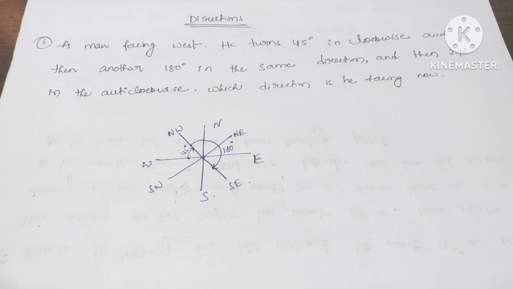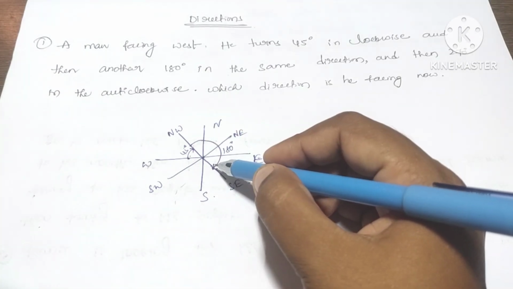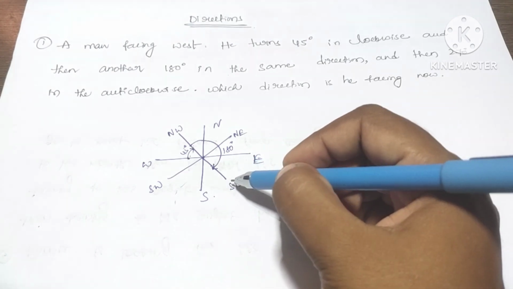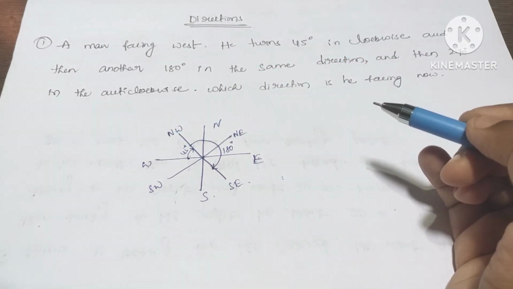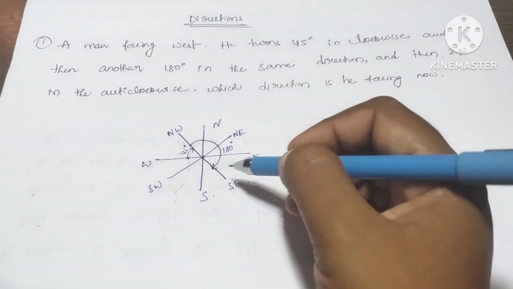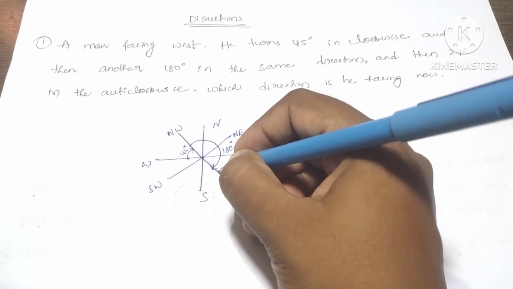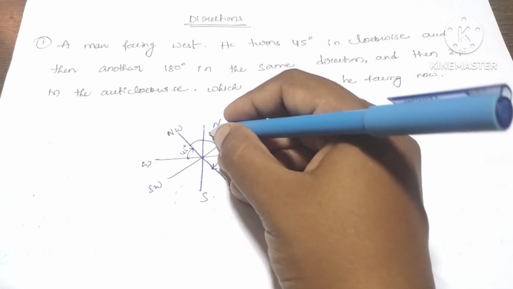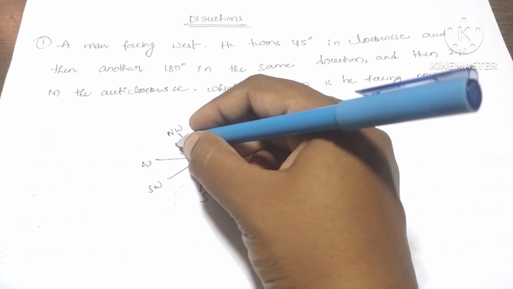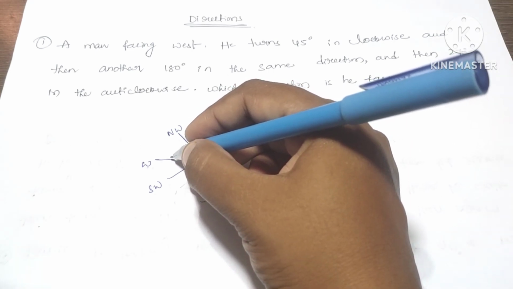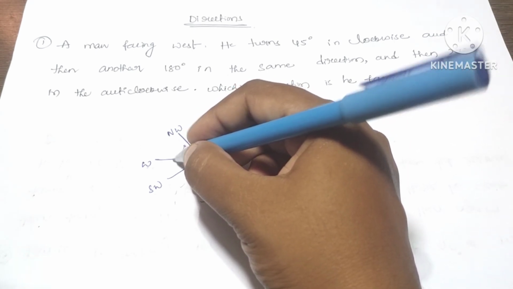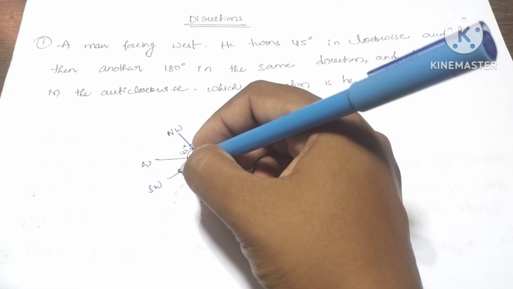Got it? 270 degrees in the anti-clockwise direction. Then he turns 270 degrees in the anti-clockwise direction. This is the clockwise direction, so opposite clockwise direction from here to here, right? We have to take 270 degrees from here. The man is here now, right? From here to here, 45, 45, 90 and 45, 45, 180 and 180 and 45, 225, right? 225 and 45, 270.